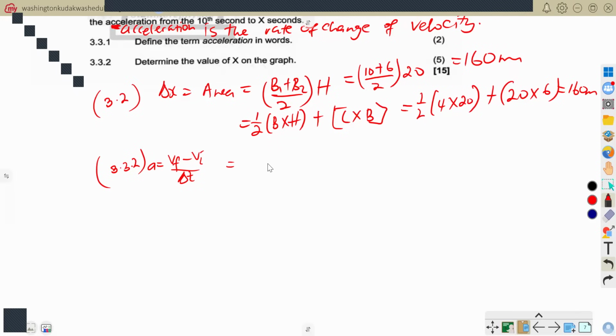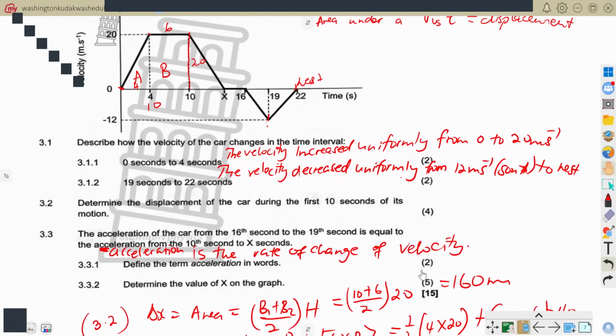Now they are saying that the final velocity at the 19th second was equal to what? You can see that at the 19th second, the velocity there was equal to negative 12. And then here it was 0. And then here the final velocity was 0, and the initial velocity was 20.